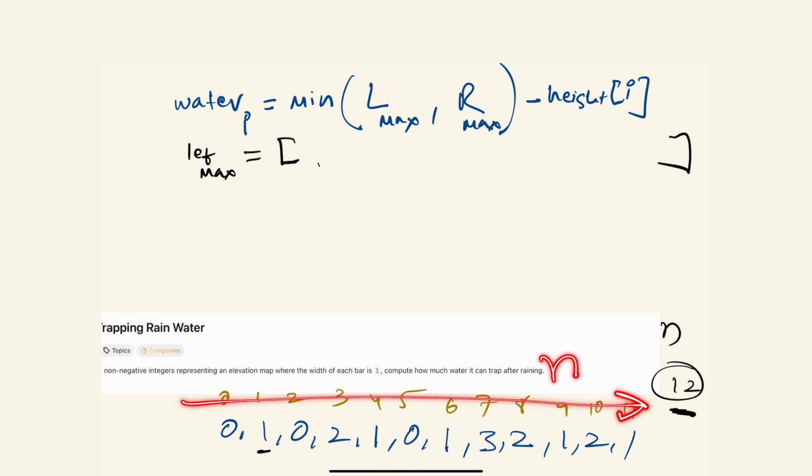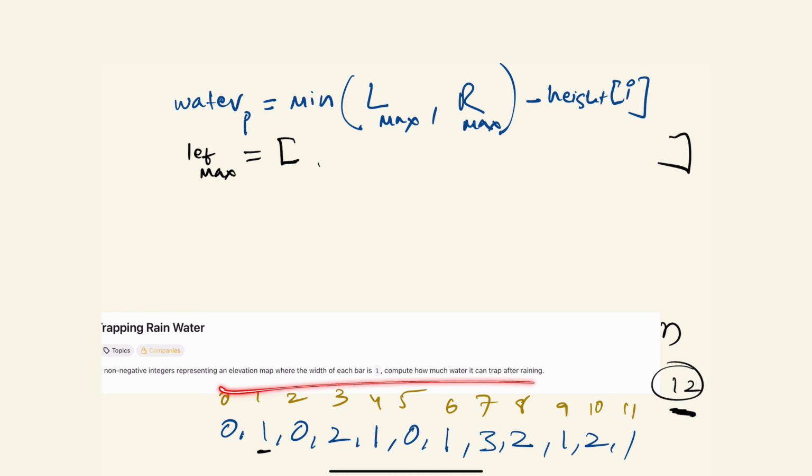And in the same way I'm going to find the right max. So again one more iteration, so it is no more going to be n square, it is going to be n plus n complexity. Now let's start. At this height, what is the max? At 0, it is going to be the first number.